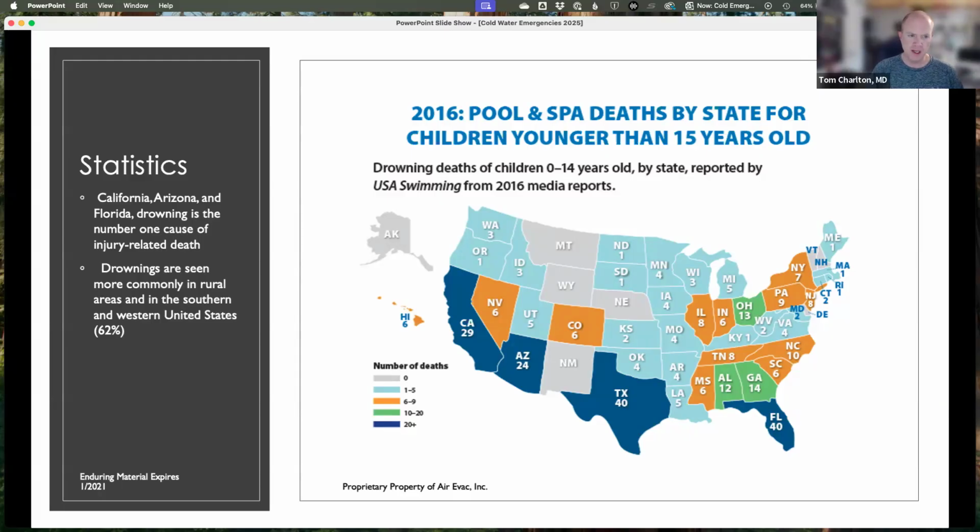We do know that drownings are more prevalent in rural areas. Again, more lakes, further spaced out. It may be that somebody is missing for a prolonged period of time before they're found, and the resuscitation begins. But rural areas are more predisposed to worse outcomes.